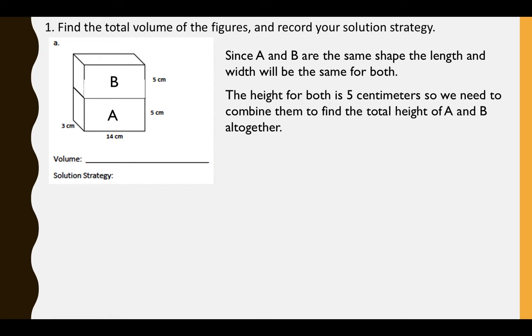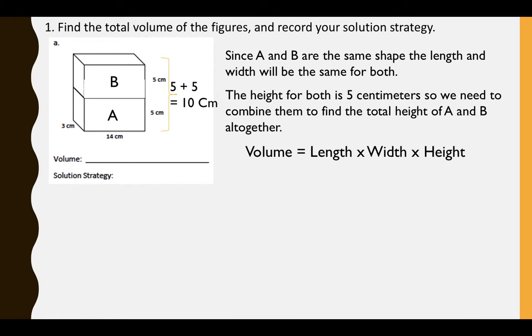So we're going to have to combine them to find the total height of A and B all together. Because if each of them is 5, when you stack them together, that height is going to get taller. So you have to combine the two 5s to make 10. So when A and B are stacked on top of each other, they have a total height of 10 centimeters.